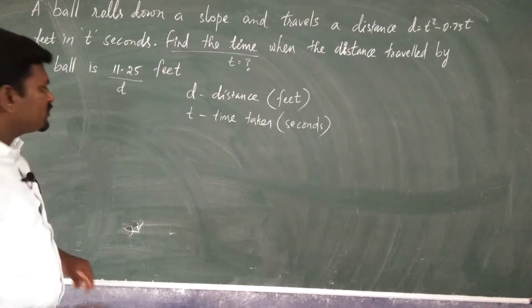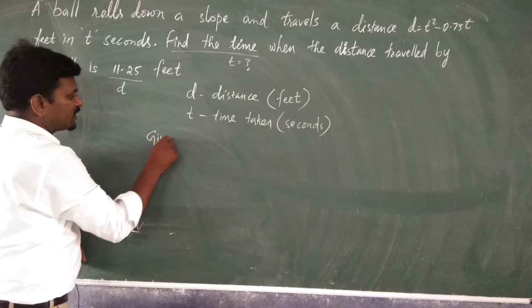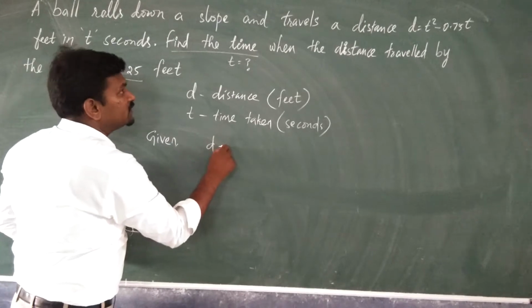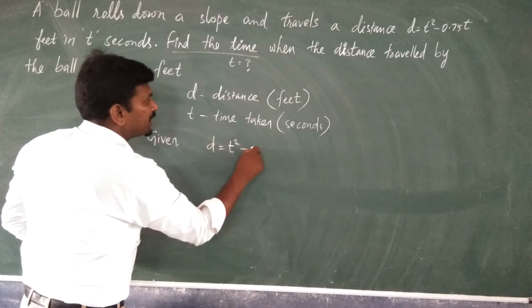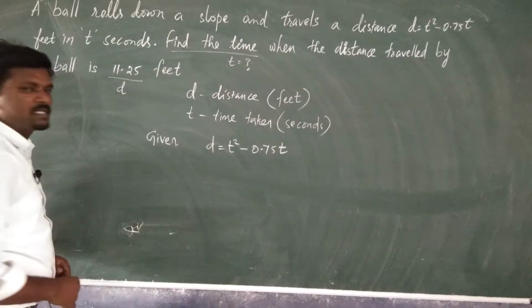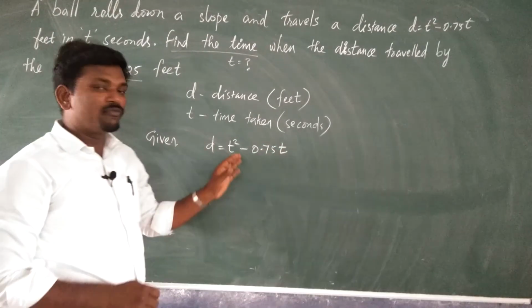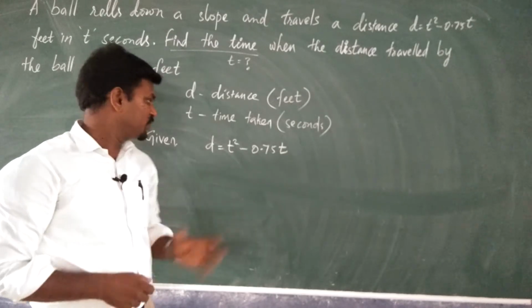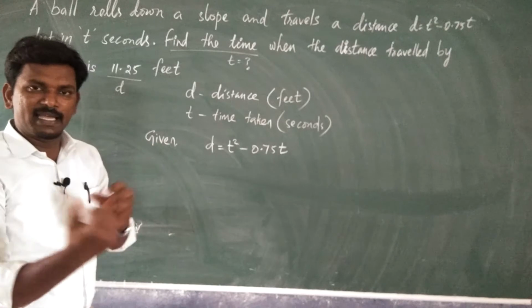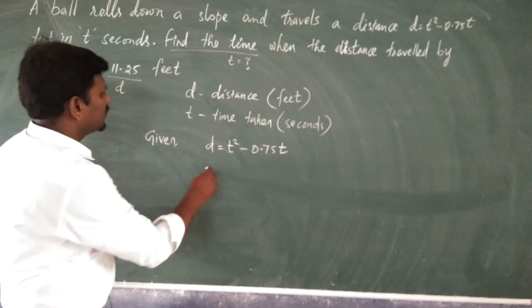So what is the given equation? d is equal to t square minus 0.75 t. This is like a quadratic function.